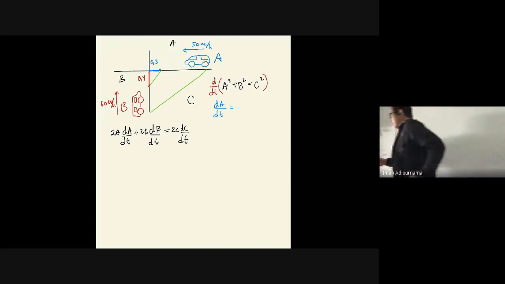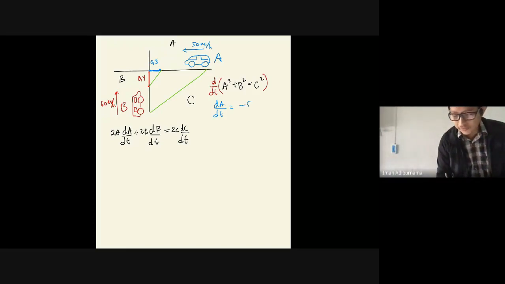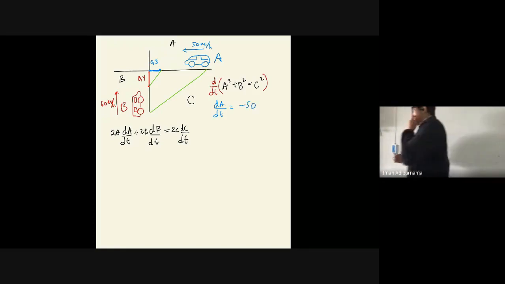But here is also one important key. Because I make A, B, C as lengths, when A and B move, the length gets shorter, right? So in my case here, I want to make this -50 because it's getting shorter, because I make this as length.